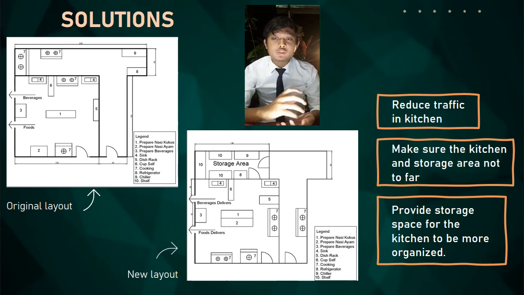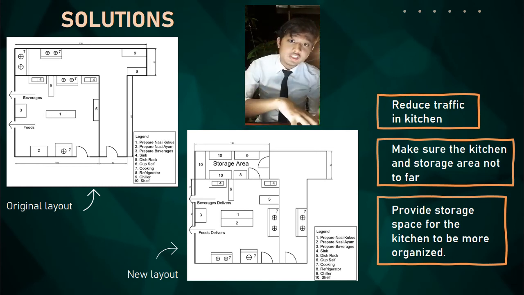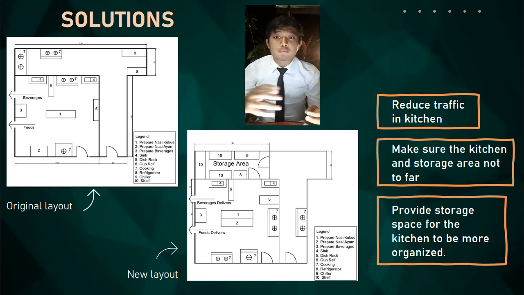Dividing the storage area into cool, dry and non-food storage is the beginning of preparing storage to a more orderly level in order to facilitate employees in carrying out their work. In addition, readjusting the position of the cooking area and the provision of beverages can reduce the movement of employees and reduce congestion in the kitchen.